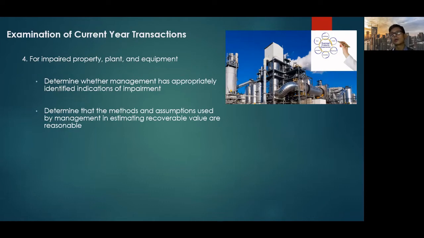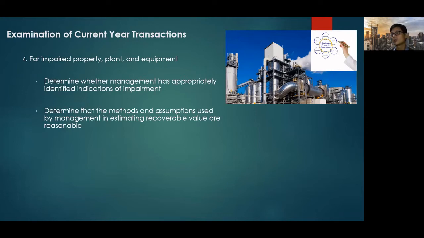Okay, yung pagkuha ng recoverable amount. Kasi yung recoverable amount, ito normally mas mababa pa siya dun sa carrying amount ng property, no?